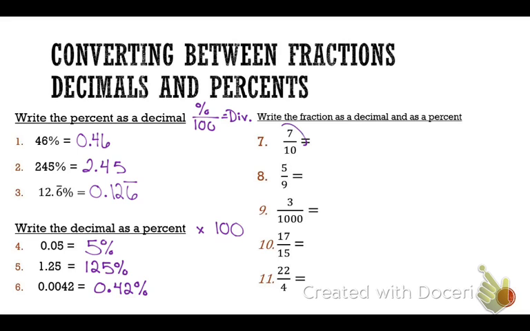How would I read this fraction? I would read it 7 tenths. The tenths place is a place value. I would put the numerator value in that place, 7 tenths. So that's my level 1 difficulty.